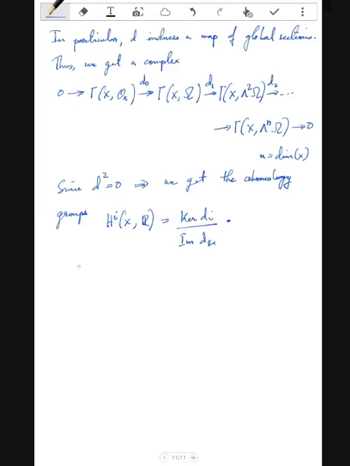So these are the cohomology groups of the smooth manifold X with coefficients in R.